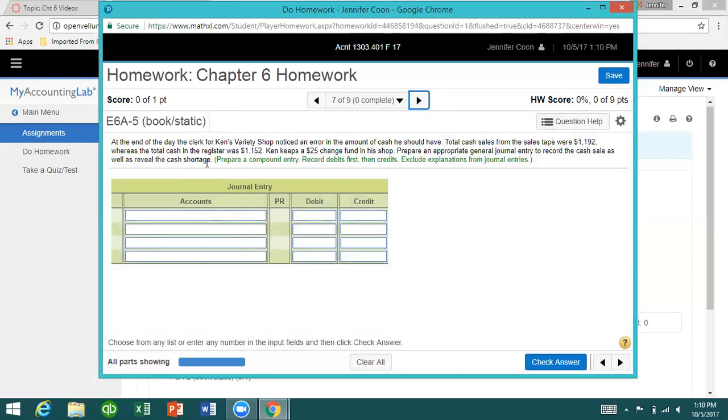So you've got to look and consider what's on the register tape and then what actual cash you have. So there are examples on page 222 that show you cash short and over. And the way I usually tell the students is put your cash in because that's known, and then skip a space and put your sales in because that's known.